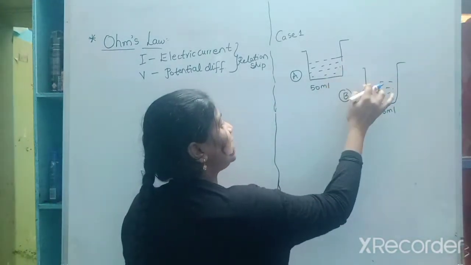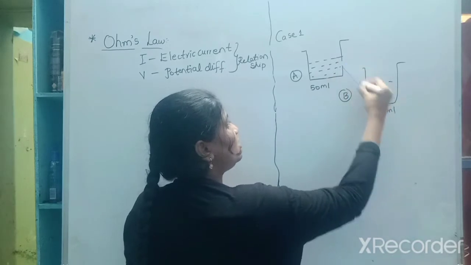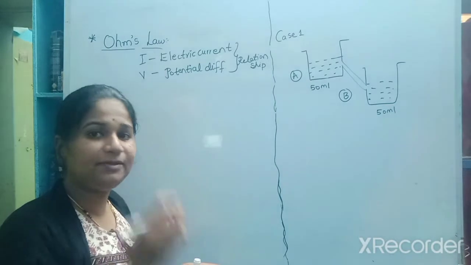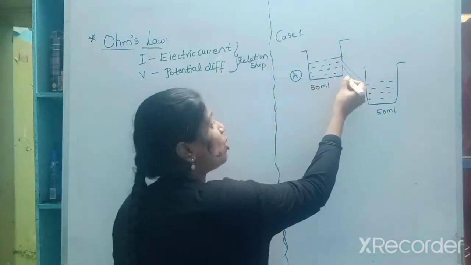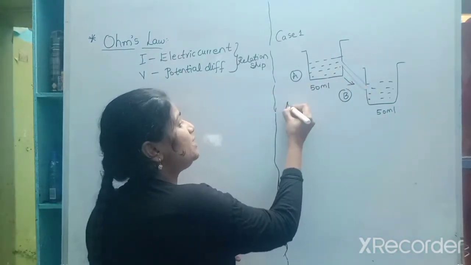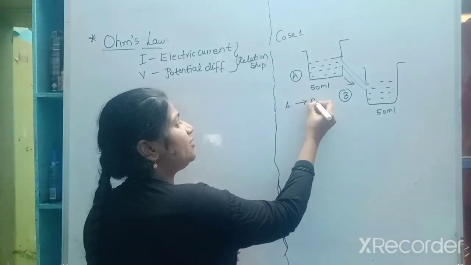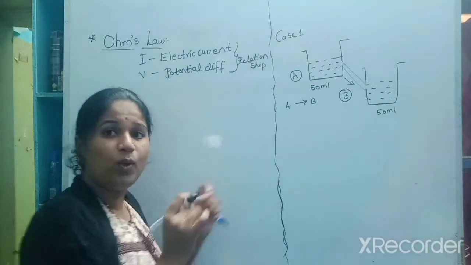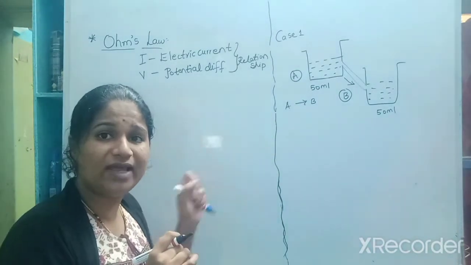Then let us connect these two beakers by a pipe. So what happens here? You can see the movement of water from beaker A to beaker B. Why is the movement of water from A to B?